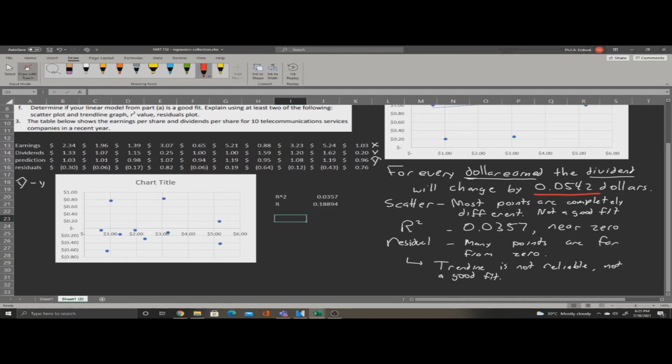This is positive, so any correlation we have would be positive. But now, remember that if r is less than 0.3, we have a weak correlation. So our r value is considerably less than 0.3. So we would say there is a weak positive correlation between the earnings and the dividends.